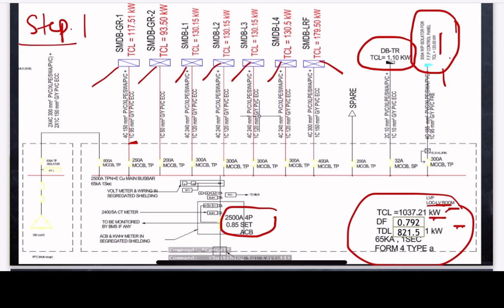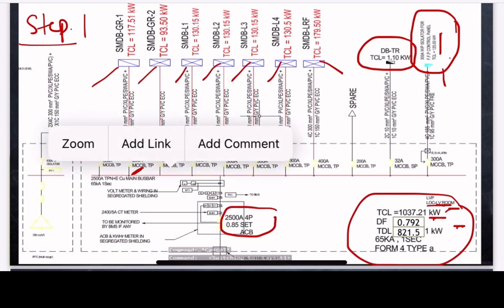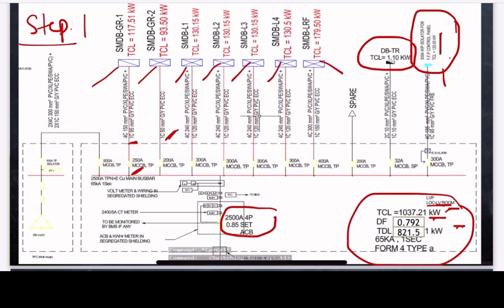Same for SMDB 2 and its total connected load and the cable size for SMDB GR2. Apart from that, we write the corresponding breaker rating also. For example, SMDB L1, L2, L3 and L4 have a breaker rating of 300 ampere. The cable rating is 240 square mm.